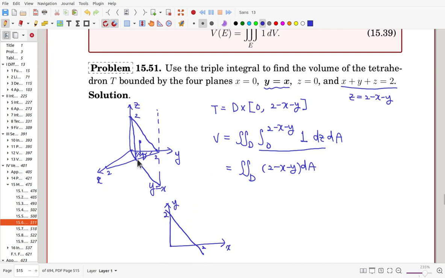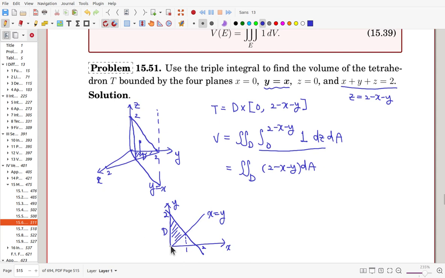And this one is along here x equals y, and this region is near around the y-axis, so that one. Okay, that is D. Right? Of course, you can get this one quite easily. That is 1.